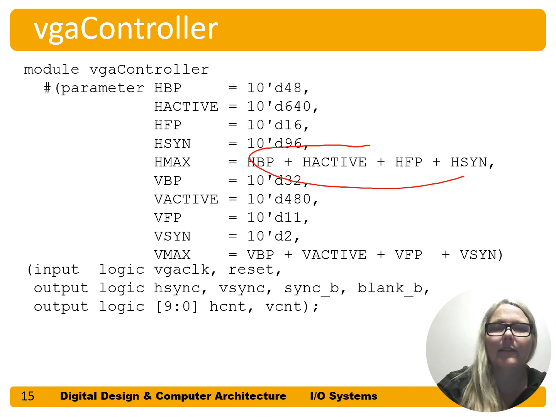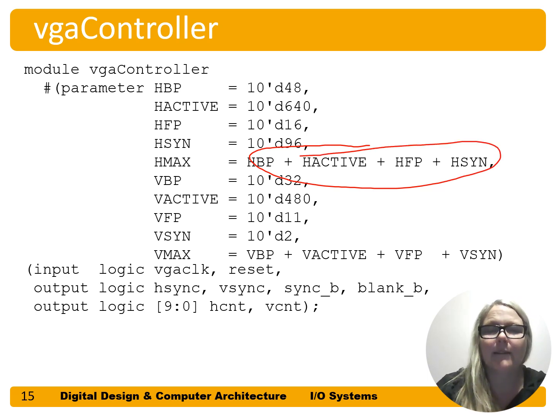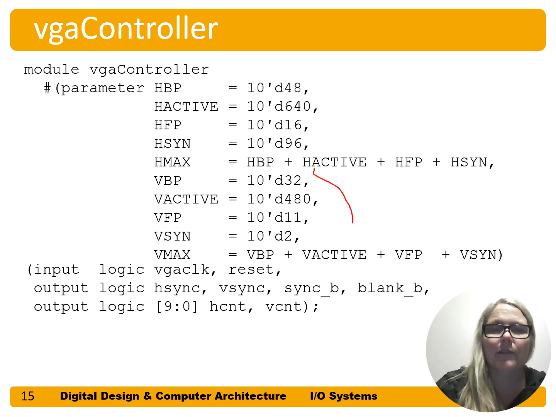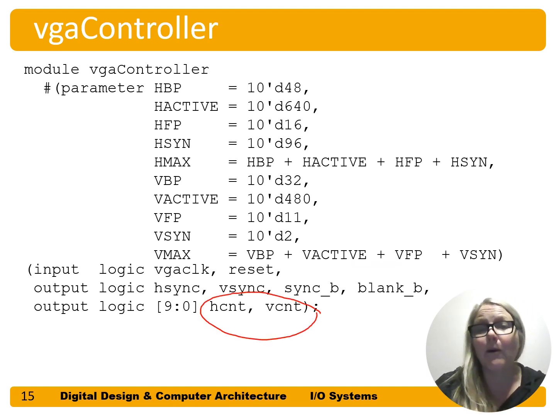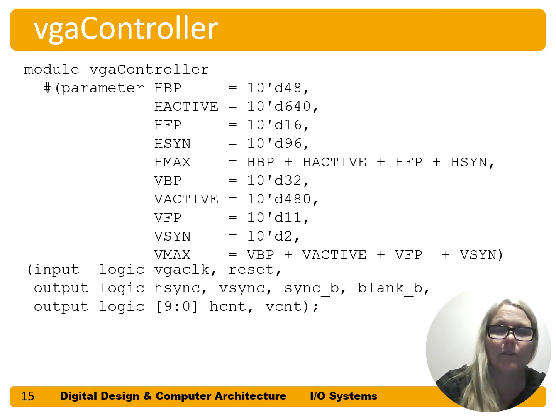You add them all together and that is the max value or the total value of that line, and same thing for the vertical signals, vertical back porch, active, or vertical parameters. And then it has these inputs and outputs, but the main thing we're going to use, and again, you're not modifying this module though, is the X and Y values, also in this module called horizontal count and vertical count.